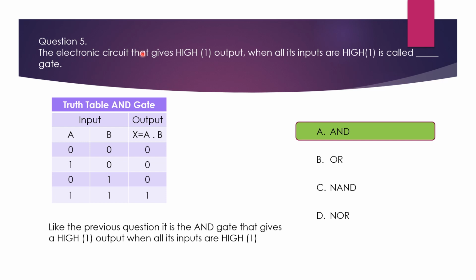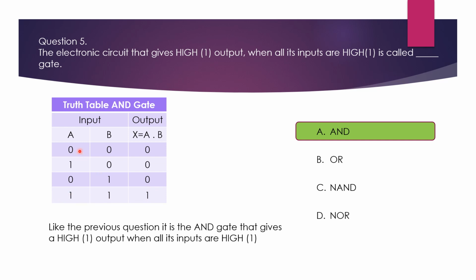Question 5. The electronic circuit that gives high output when all its inputs are high is called. Now this is the truth table given for the AND gate. In this truth table, the high output is only when both A and B are in the high state.